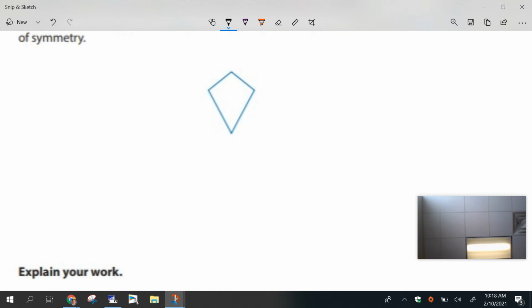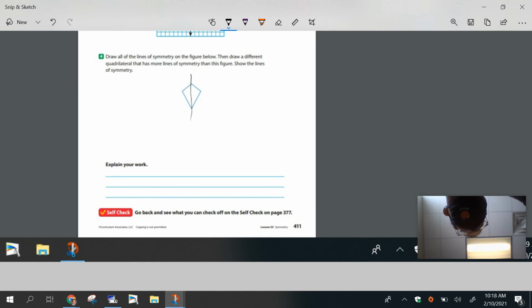Now, for on here, lines of symmetry, 1. Only line of symmetry. Anybody find an additional line of symmetry? Okay. Now it says, oh, I have this upside down.